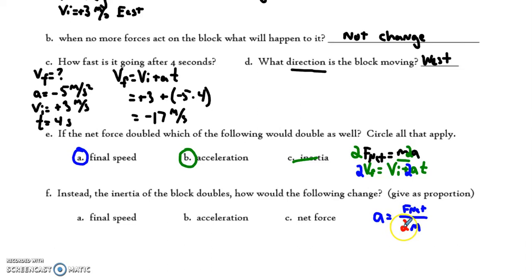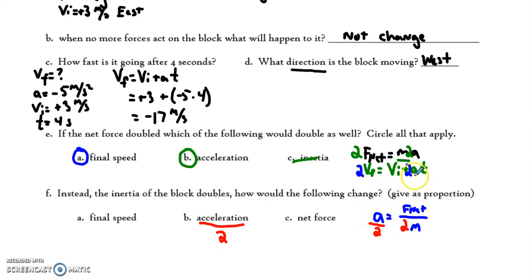If we double the mass, what's going to happen? For a constant net force, that's dividing this side of the equation by 2. Notice that the 2 is in the denominator. Whatever you do to one side of the equation, you have to do to the other. So that means the acceleration would be cut in half. The acceleration is divided by 2.